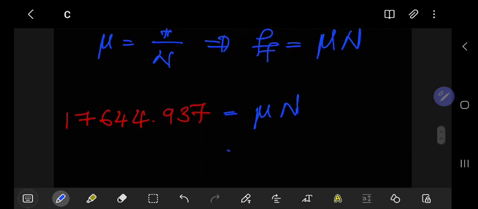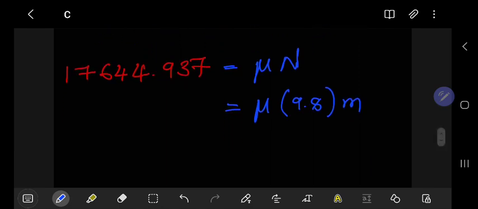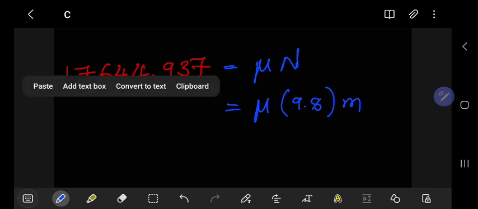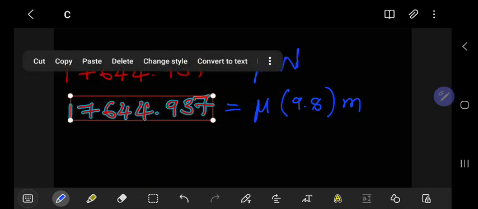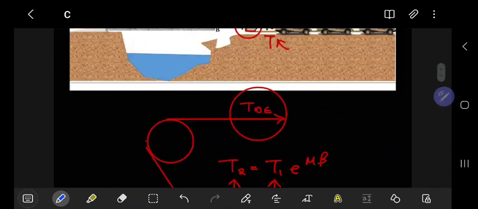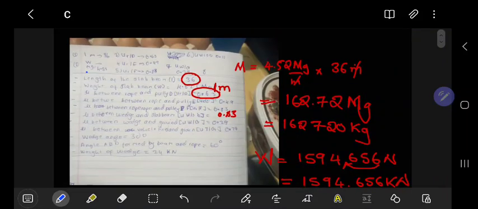From sum of forces in the y-axis, we did find that the normal force is the same as 9.8 multiplying the mass of the load, that's the car and everything else inside. And then from here, the coefficient is the only thing that we now need for this to actually work out. The question did give us what the coefficient was. So if we go back to the values, where is that? So let's see.